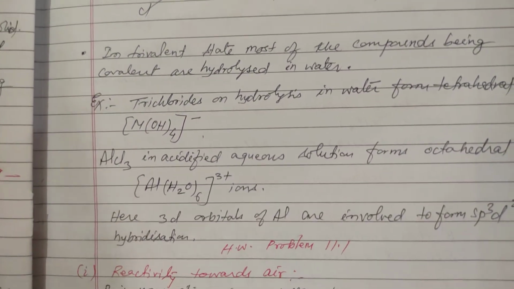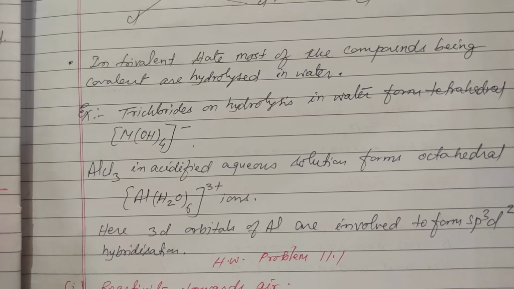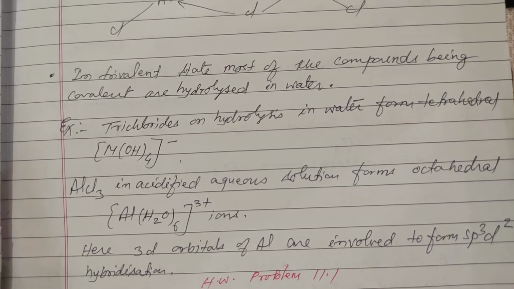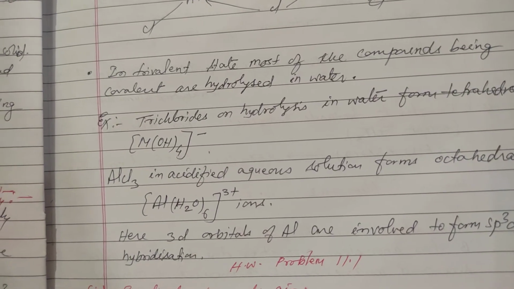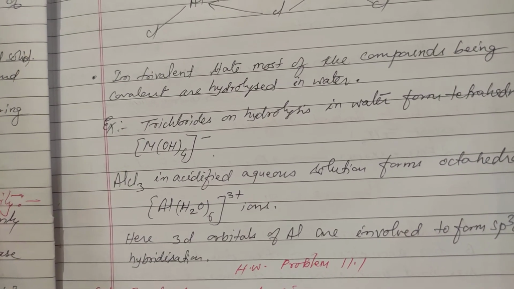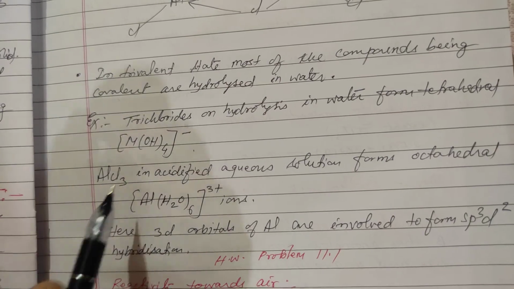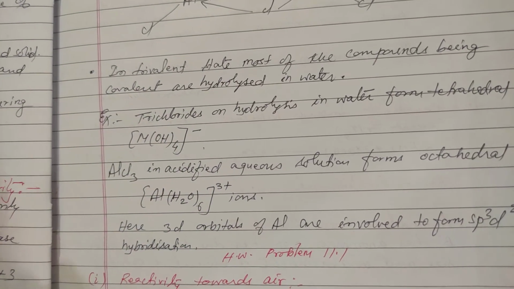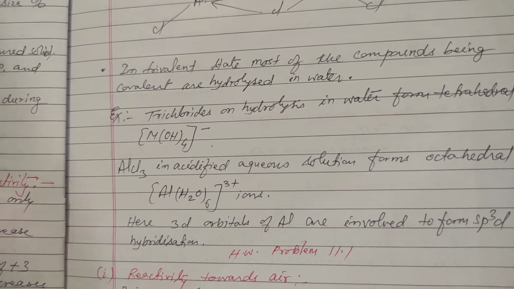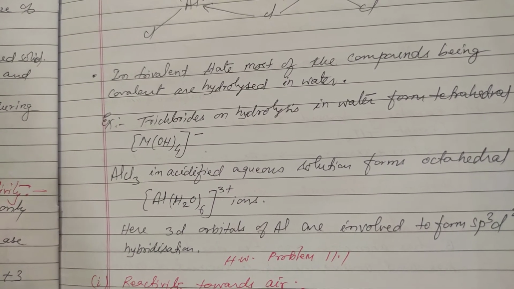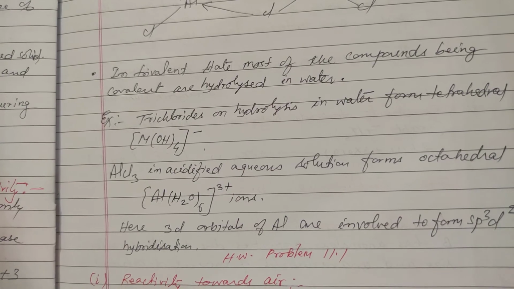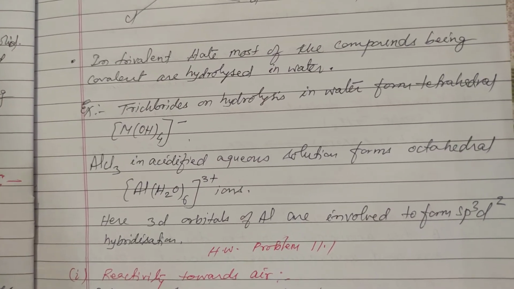In the trivalent state, most of the compounds, being covalent, are hydrolyzed in water. For example, trichlorides on hydrolysis in water form tetrahedral [M(OH)4]-. AlCl3 in acidified aqueous solution forms the octahedral [Al(H2O)6]3+ ion.